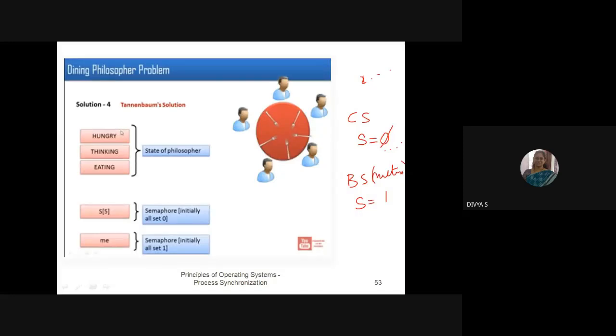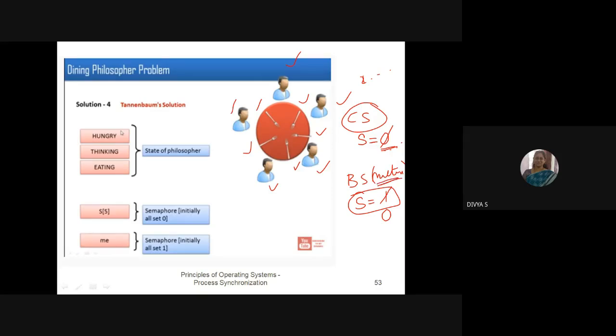So it means only one process can acquire a lock upon its resource, and it has the ownership. It has all privileges of ownership, where it can release the lock. So it decrements by 1, which becomes 0, saying that if I have put the lock, I do have the right to release the lock. Is that clear? So I hope you understood that two types of semaphores are used under the fourth solution: the general semaphore, which is the counting semaphore initialized to 0, because there are 5 chopsticks and 5 philosophers, and acquiring a lock should be done only by the process itself.